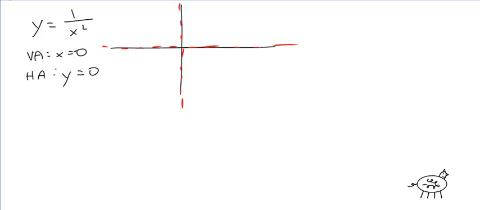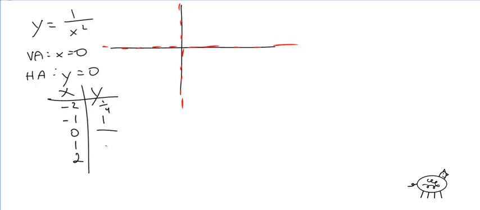And again, if you're not really sure about it, plot a couple points. We have our 0 and that's our asymptote. We can plot -1, -2, 1 and 2. -1 squared is 1, 1 over 1 is 1, -2 squared is 4, so 1 over 4 is 1/4. And these are the same thing, 1 and 1/4. So what this is looking like is this graph right here.